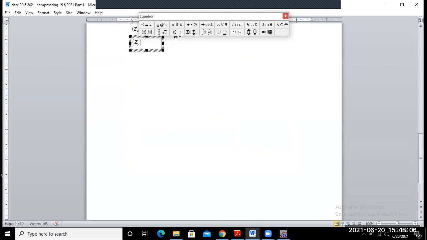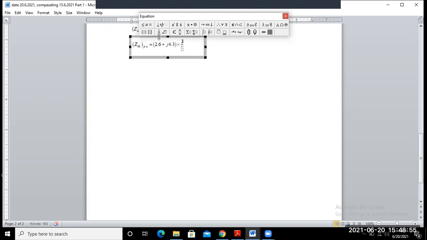ZEL in per unit is equal to 2.6 plus j 4.3 into 1 by 100.